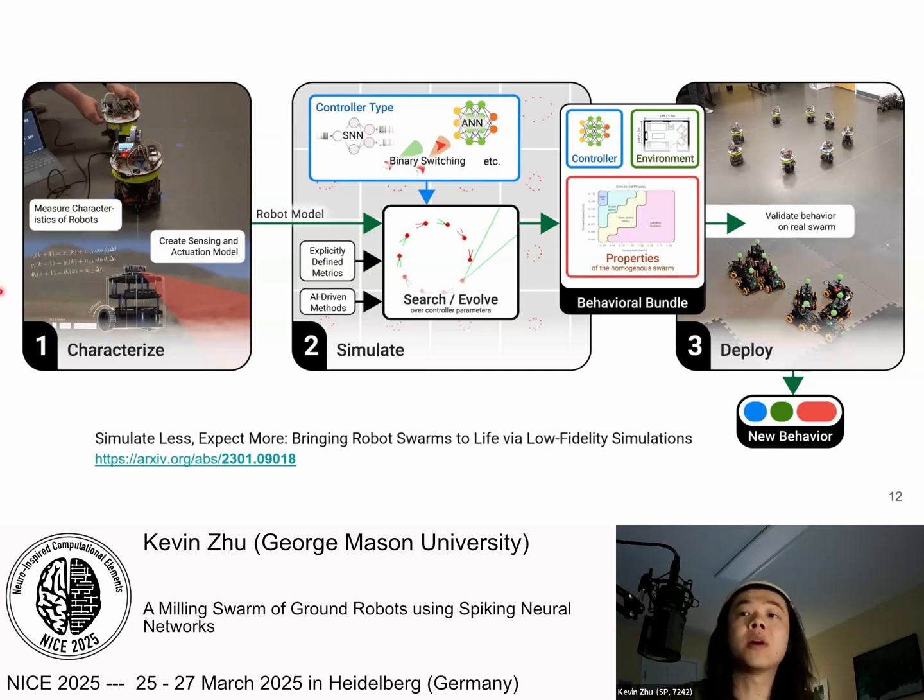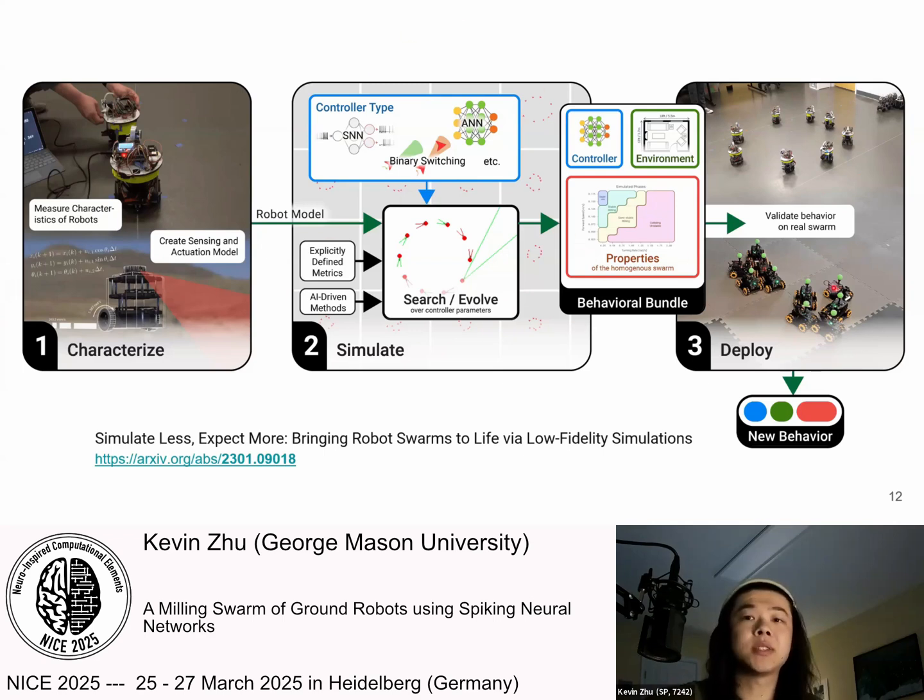First, we will create a model for the sensing and actuation characteristics of the agents. Here we suggest measuring the idiosyncrasies amongst the swarm, so you have an understanding of how one robot might be different from another. Then we take this model and we program it into a basic simulator.